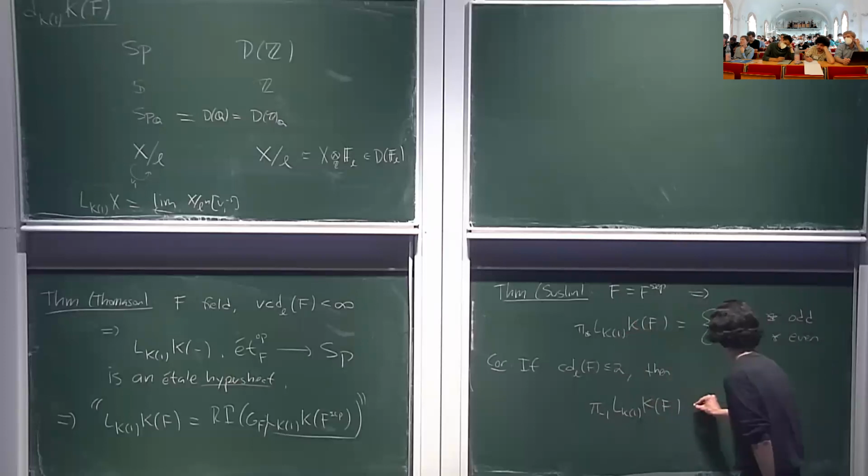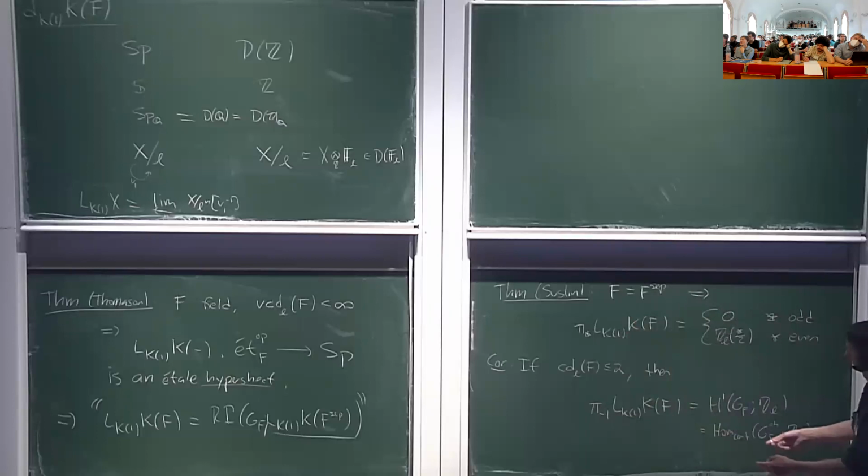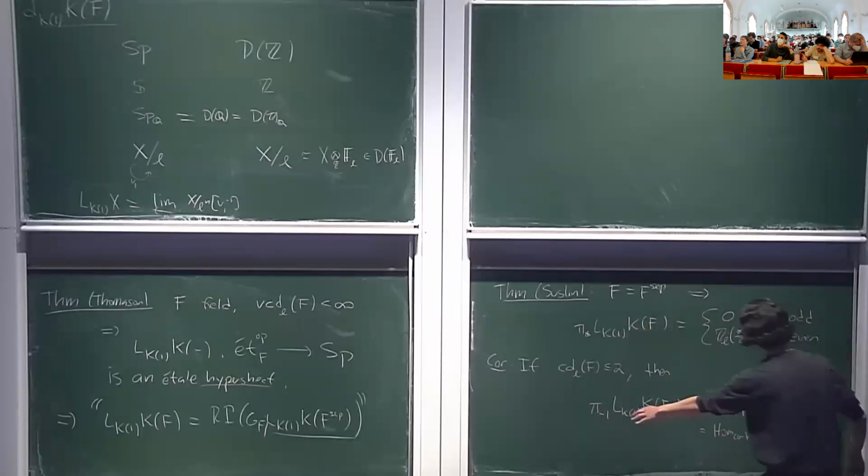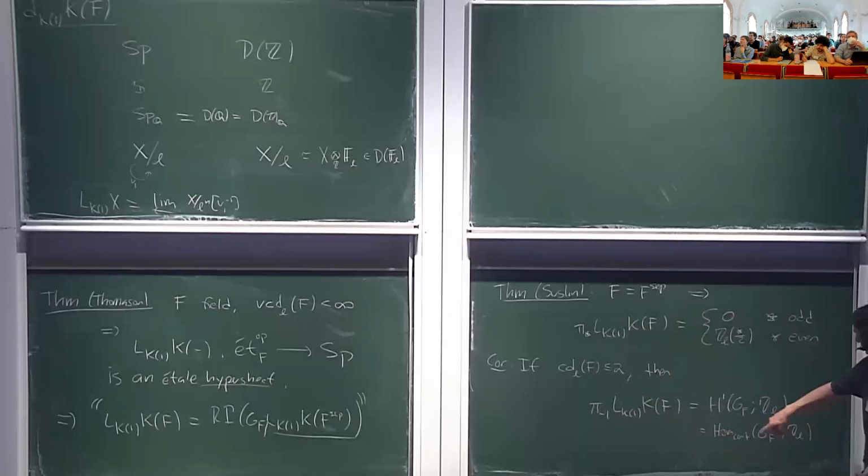And in this case, you get H1 with coefficients in ZL, which is just continuous homomorphisms from GF, say, abelianized to ZL. And this is just because if you look at the spectral sequence, the only thing that can possibly contribute to this degree is this H1 of the degree 0 part of this. And that's exactly what you have.